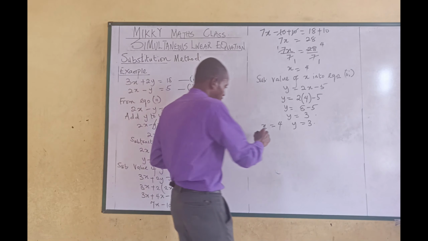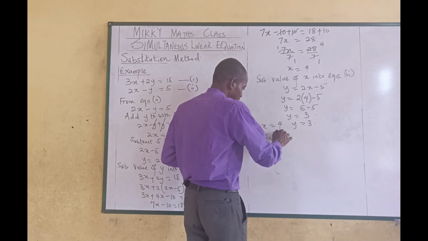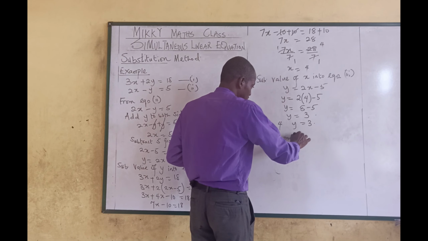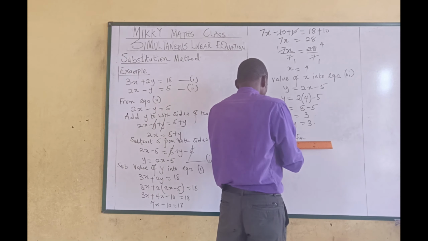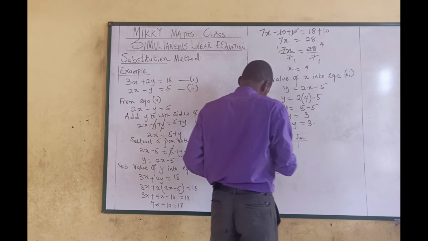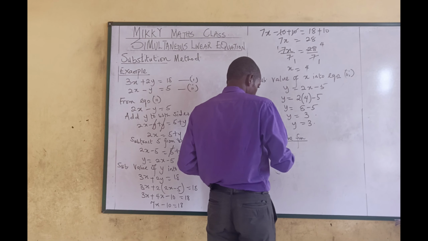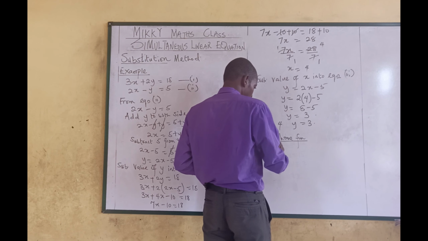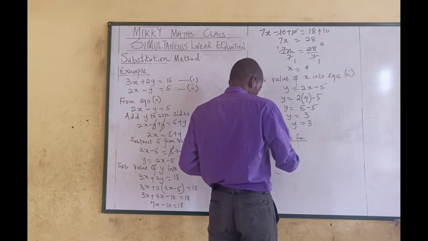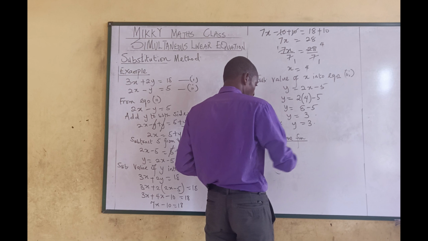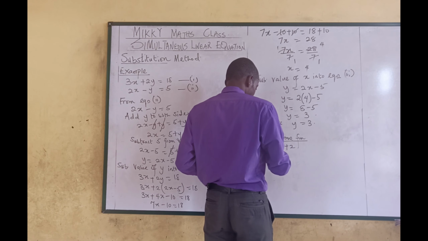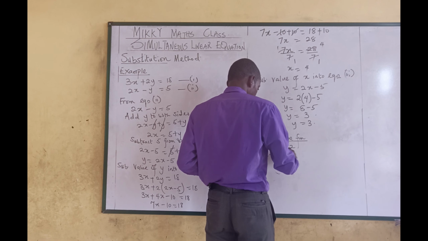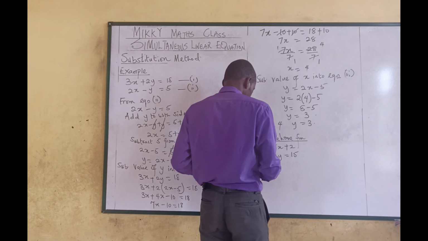So before we meet in the next class, you can practice using the substitution method. The first one, solve the following using the substitution method. y is equal to 5x plus 2 and x plus 2y equals 15.